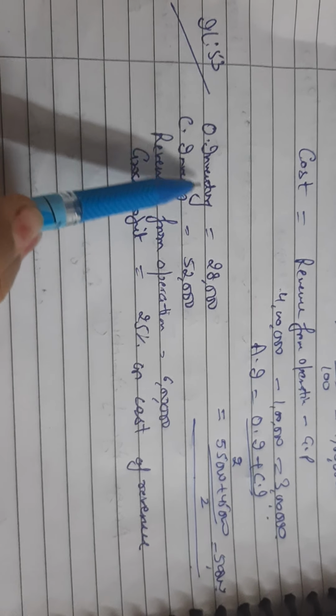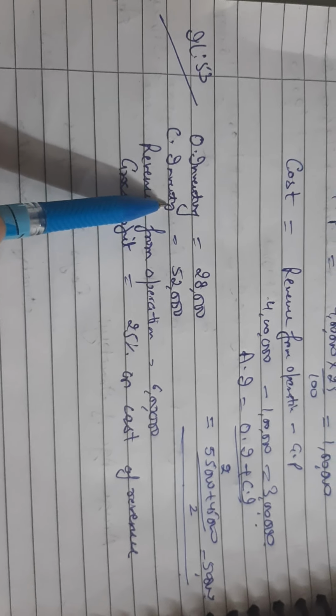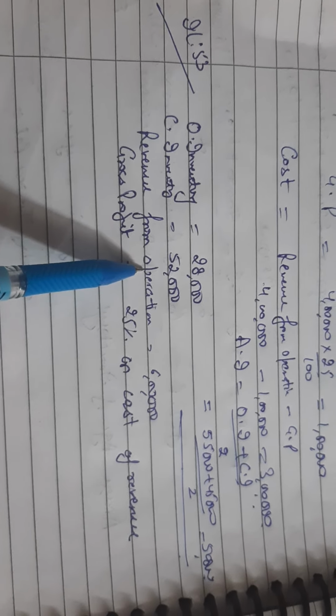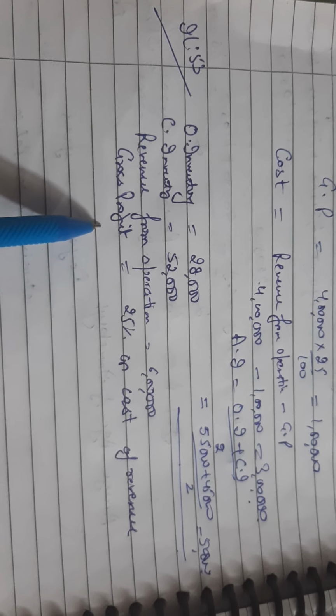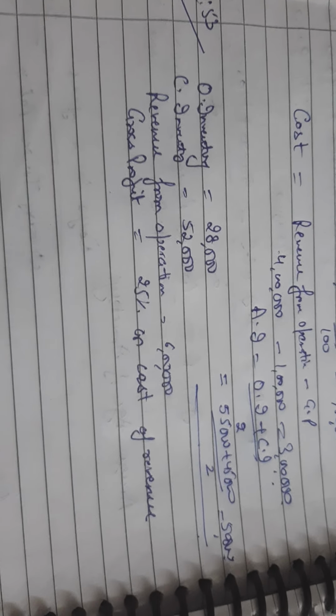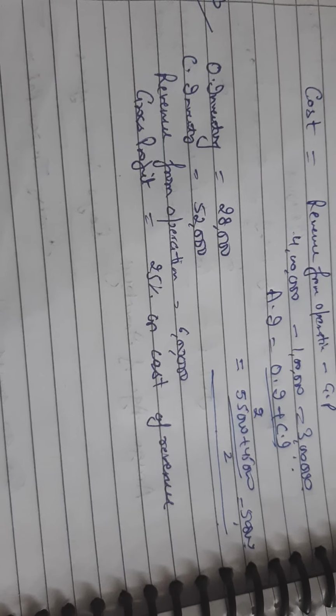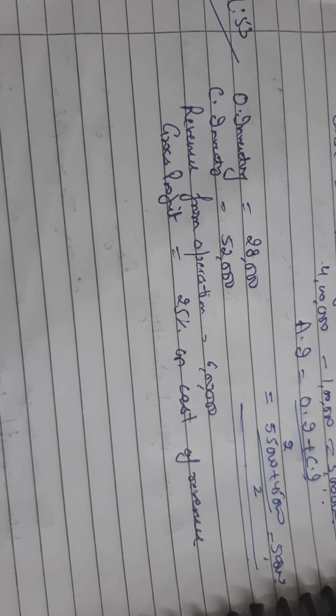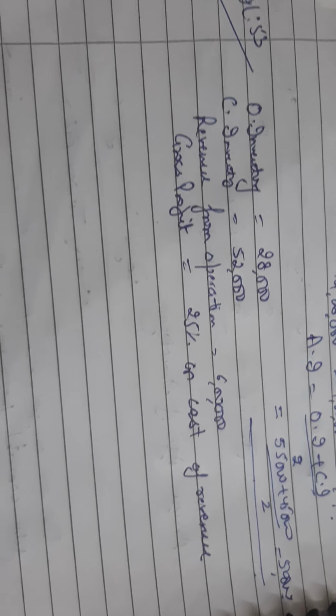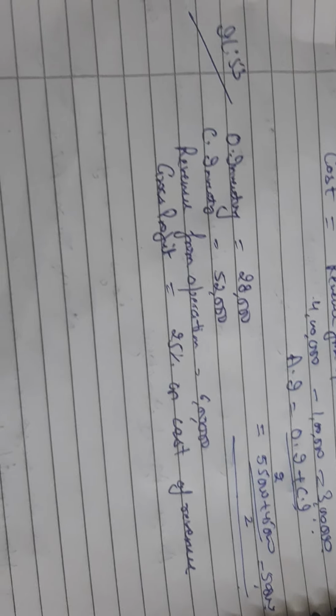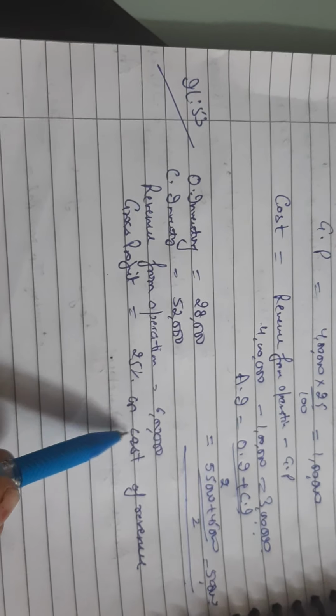In this example we have given opening inventory, closing inventory, revenue from operation and the gross profit, which is 25% on the cost of revenue. There is a little bit of difference between the last question and this question, because in that question the gross profit was 25% of revenue.